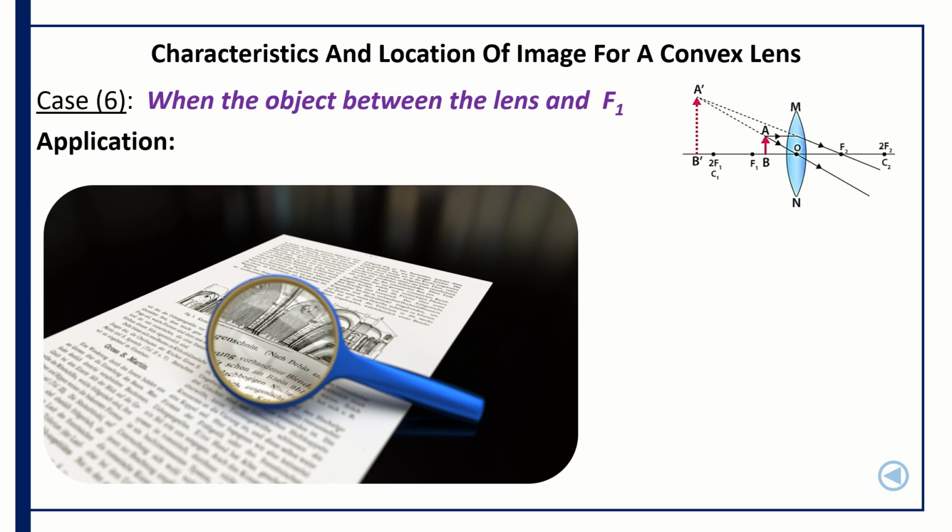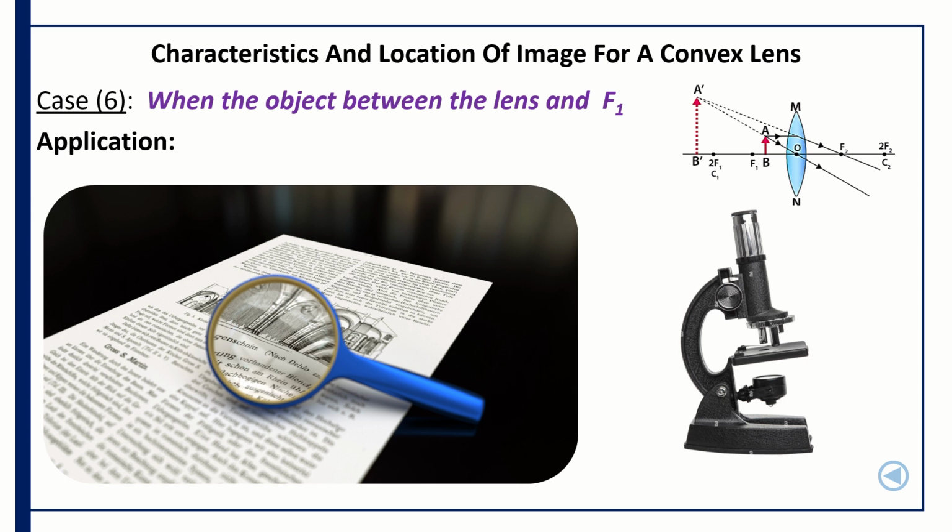When we keep these glasses in front of a book, or if we are reading some very small script, or the goldsmiths or the watchmakers use these magnifying lenses, they get a magnified image of the object they are looking at through the magnifying lens.